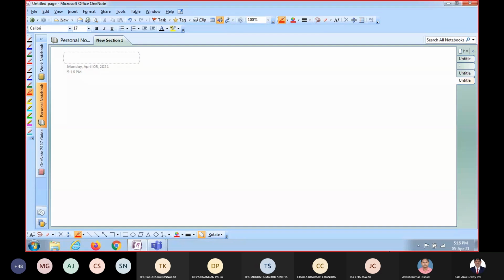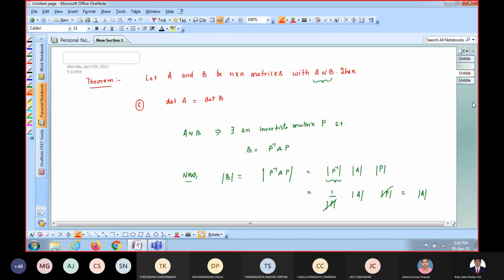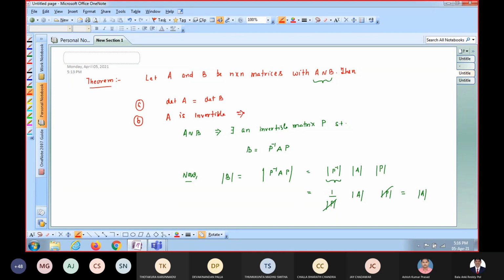Once we prove this theorem, what can be done more? I am writing the second property here because it can be derived from the first one. If A is invertible if and only if B is invertible.